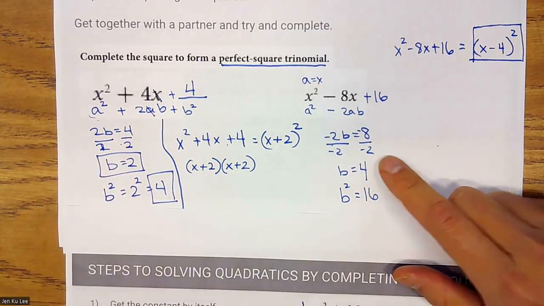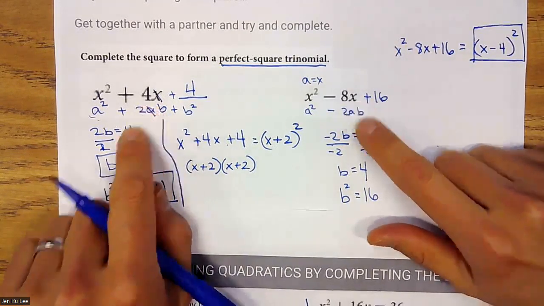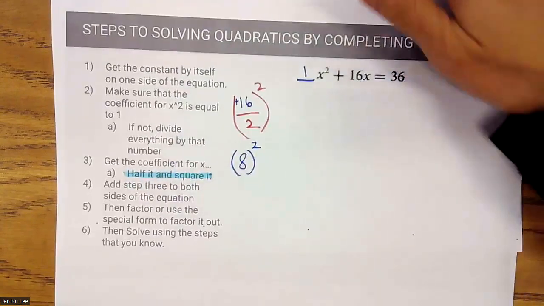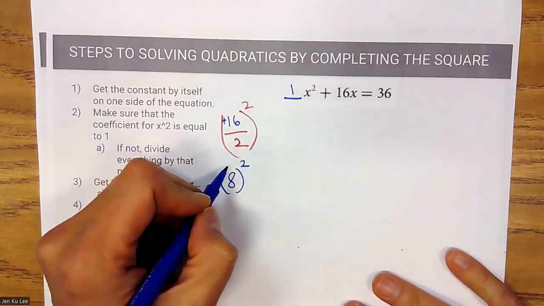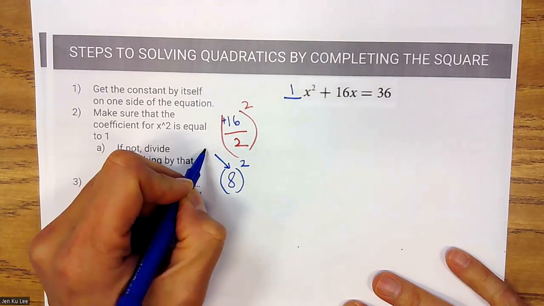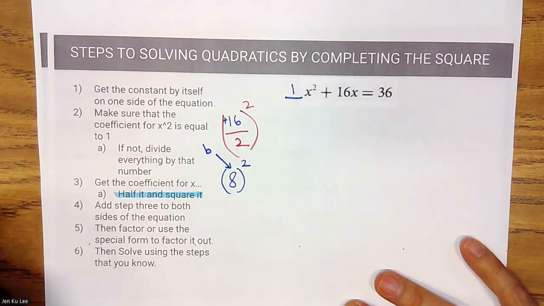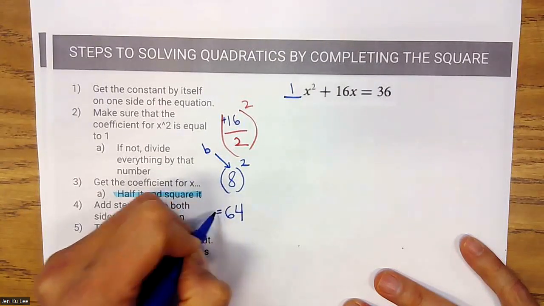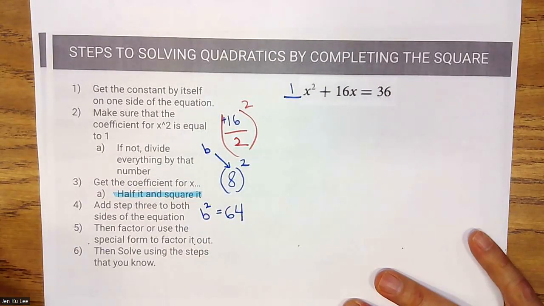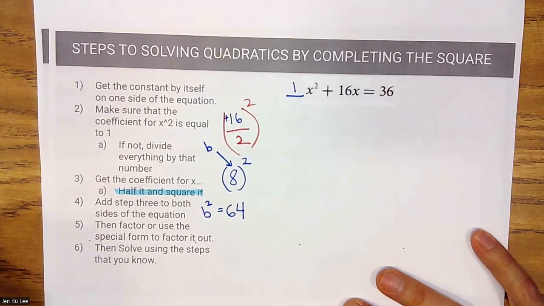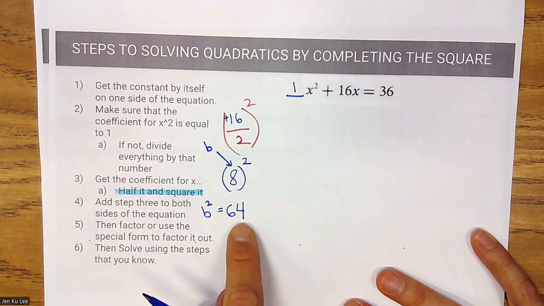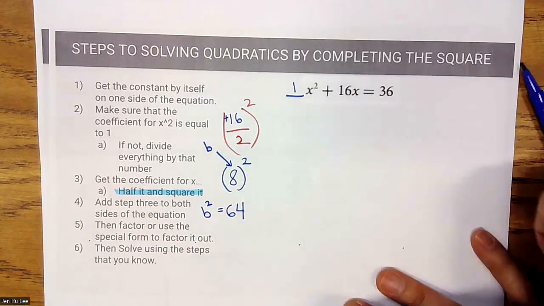So by halving the coefficient for x, that's what we did, we got our letter b, right? So whatever is inside, whatever I'm going to square is my b value. So when I square it, 64, that equals b squared. Okay? Does that make sense? And with this number now, step 4, we're going to add this number to both sides of the equation.